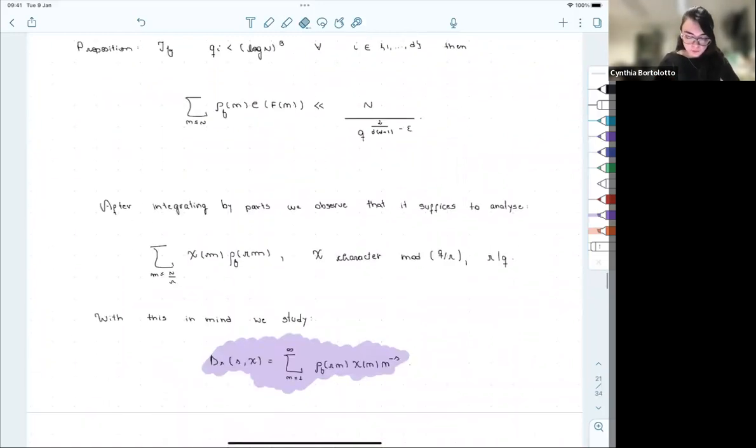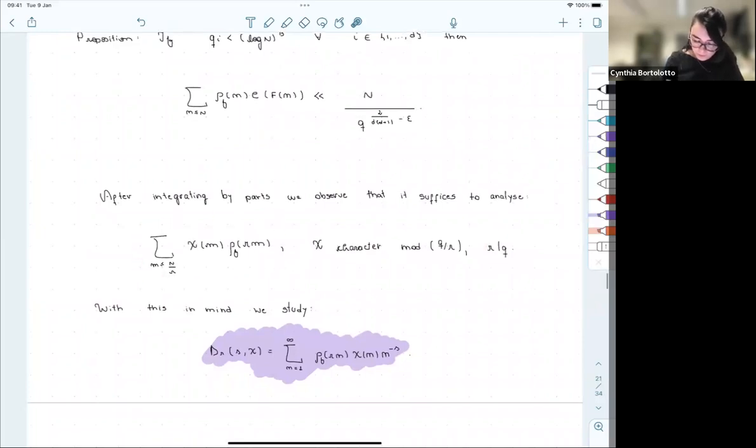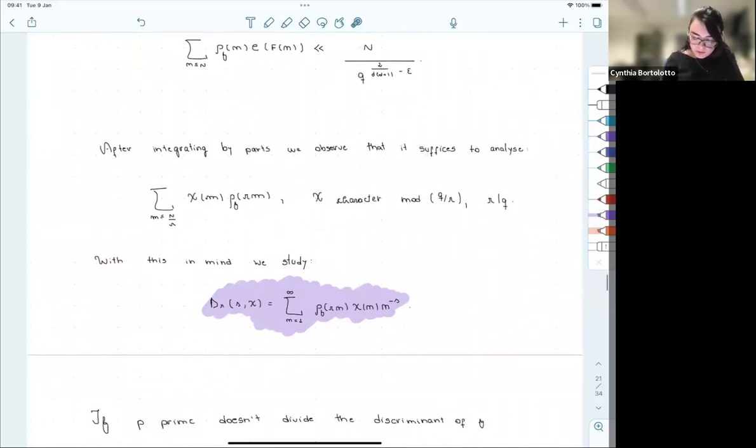To prove that, we integrate by parts, and we have to analyze these sums here, where we have our multiplicative function and a Dirichlet character mod a divisor of q. We want to analyze how this decays. In order to study this, we actually analyze the Dirichlet function where the coefficients are our multiplicative function times the Dirichlet character.